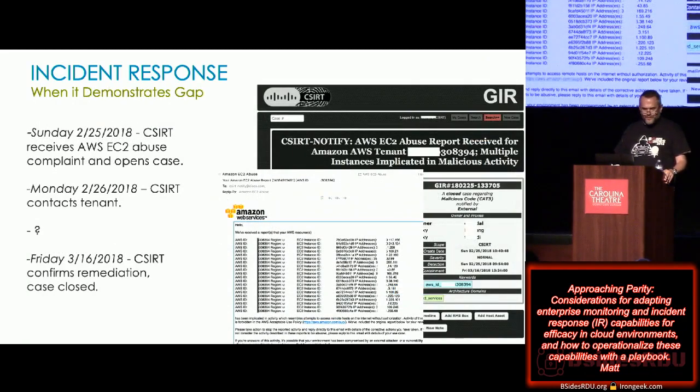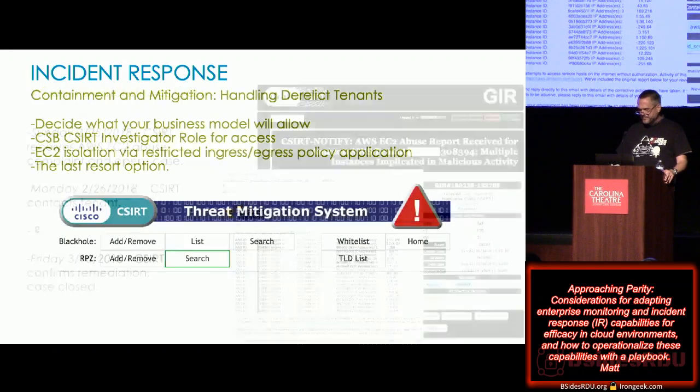That was one that shows when it works as intended, but I will also share a case that demonstrates a gap. And this is a case where, due to a mixture of attribution problems, a potentially unresponsive tenant, and a daily continued influx of new abuse notifications, it really lasted a lot longer than is ideal.